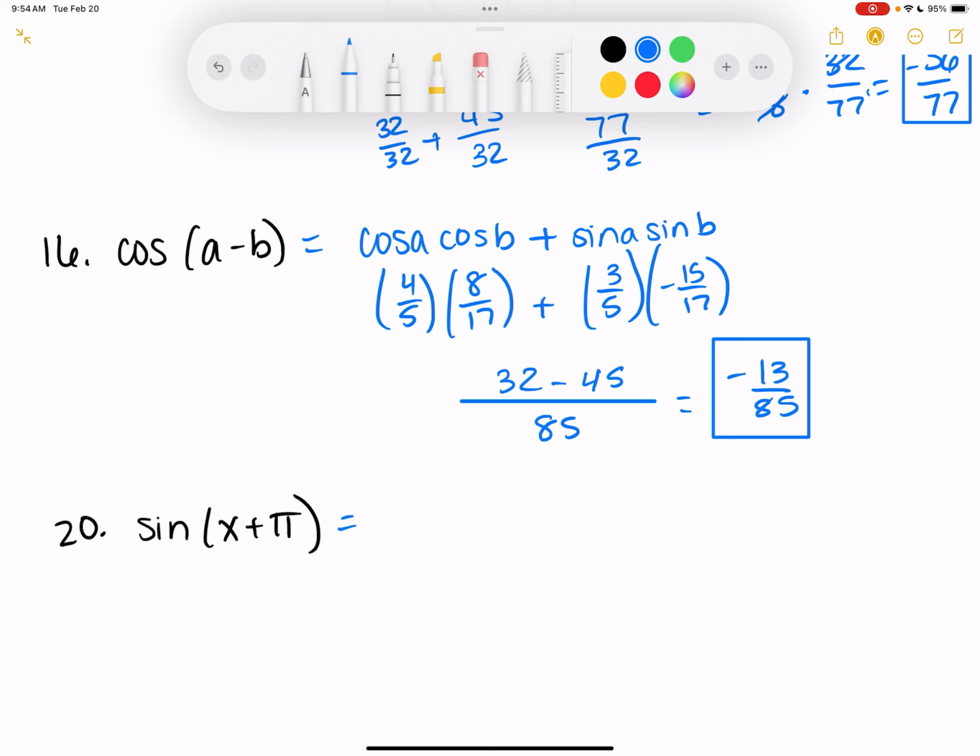So this would be sine of x, cosine of pi, plus cosine of x, sine of pi. So the difference is we have an x now, which obviously we don't know what that value is, but I can do the ones that I do know the value for. So what is the cosine of pi?